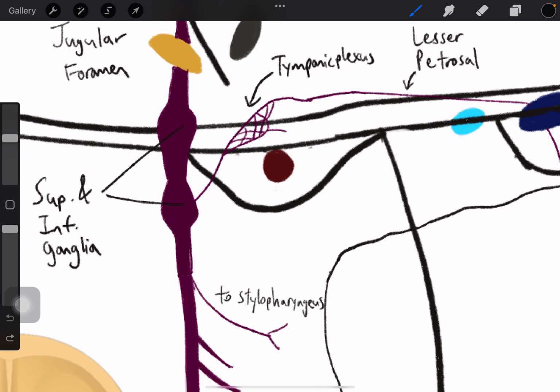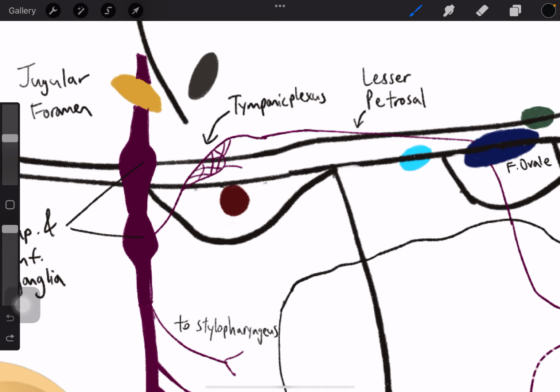When it enters the middle ear, it becomes the tympanic plexus. This little net-shaped thing that I drew represents the tympanic plexus, resting on the surface of the oval window in the middle ear.